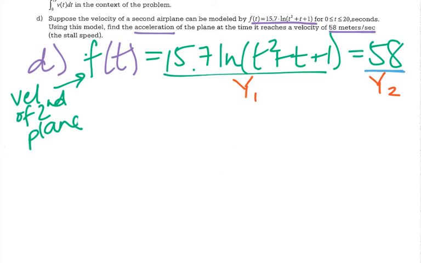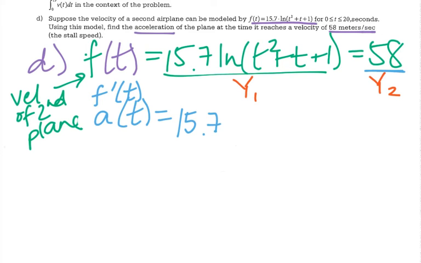So we already said acceleration is the derivative. So I'm going to find a of t, and it's the same as f prime of t. My coefficient is going to stay. The derivative of the natural log is 1 over whatever the value is inside.